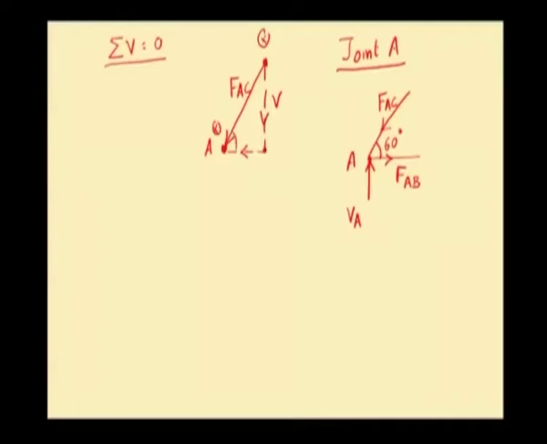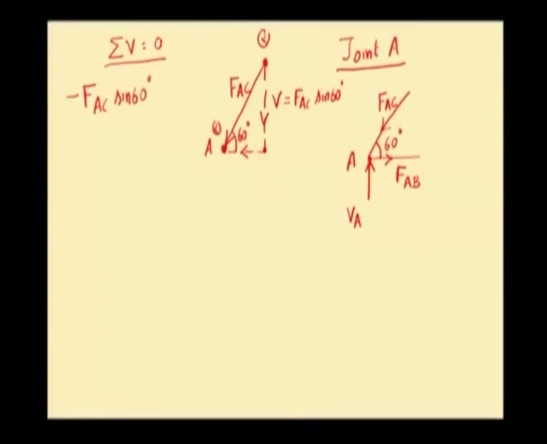We know this particular angle, which is 60 degrees. So, the vertical component of FAC will be equal to FAC into sine of 60 degrees. If you see the direction of this vertical component, it is in the downward direction, hence we have to put a negative sign. So, minus FAC sin 60 degrees.